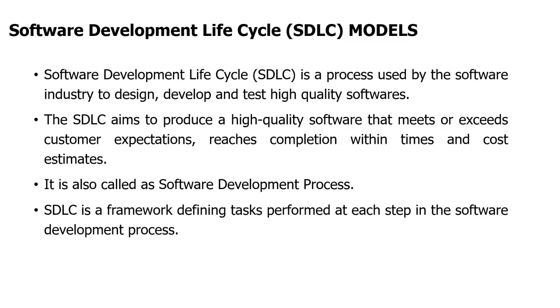The SDLC follows different steps, and the main advantage is that the project team and the customer have proper communication then and there, so that they have a good output. When you produce high quality software and reach their expectation, the completion time and the cost will not go higher. It will be within the expectation and within the level.